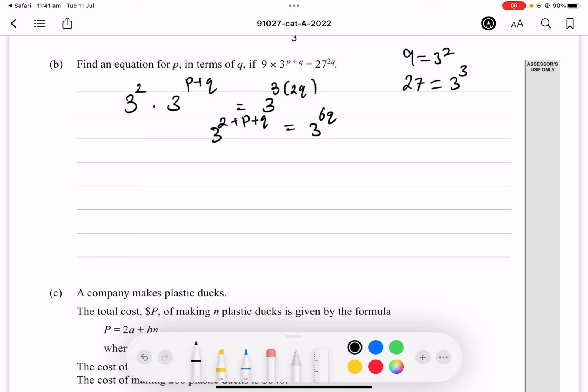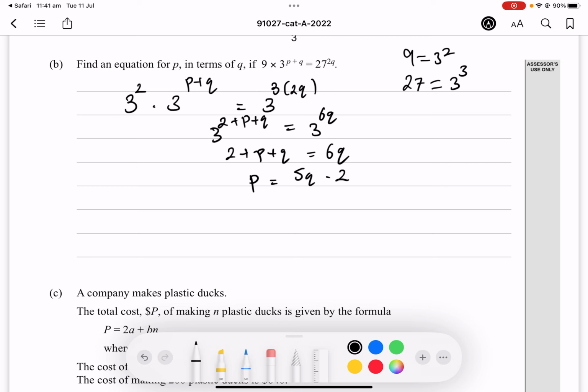Since the bases are the same, the powers must be the same, so we equate the powers: 2 plus p plus q equals 6q. We want an equation for p, so p equals 6q minus q, which is 5q, minus 2. So we have p equals 5q minus 2.